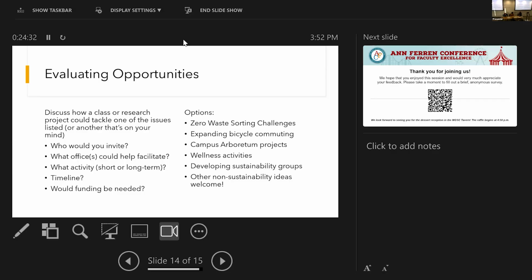What offices do you think could help you? It doesn't have to be my office. I have a list of ideas in case you're having trouble coming up with your own problem. They are all sustainability, but don't feel limited by that. If you have a different problem that's outside of what you consider sustainability, feel free to have your conversation focus on that.